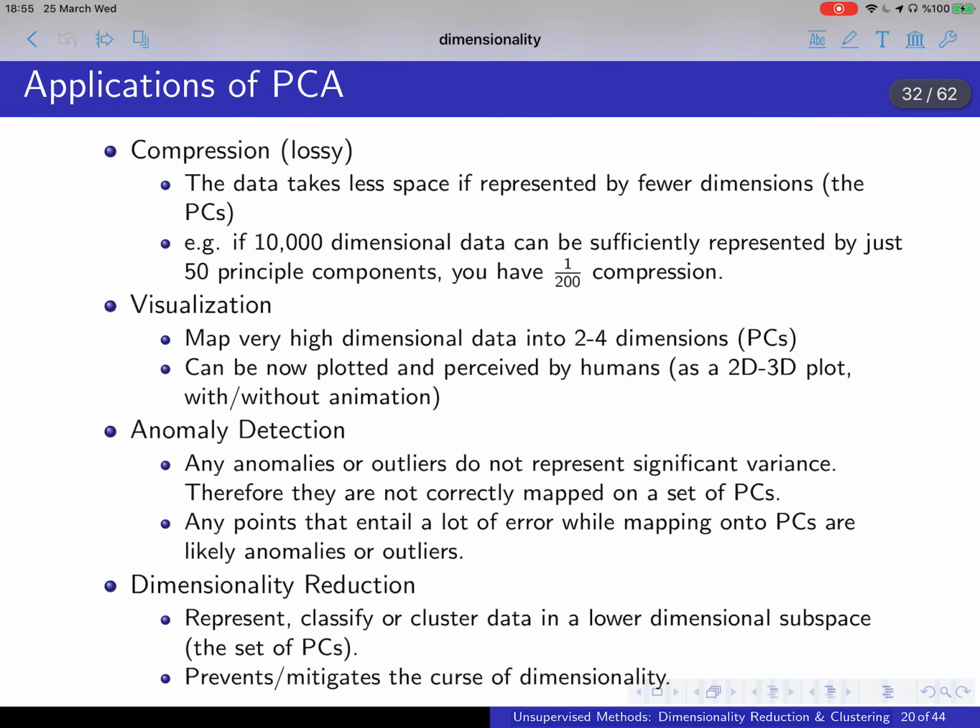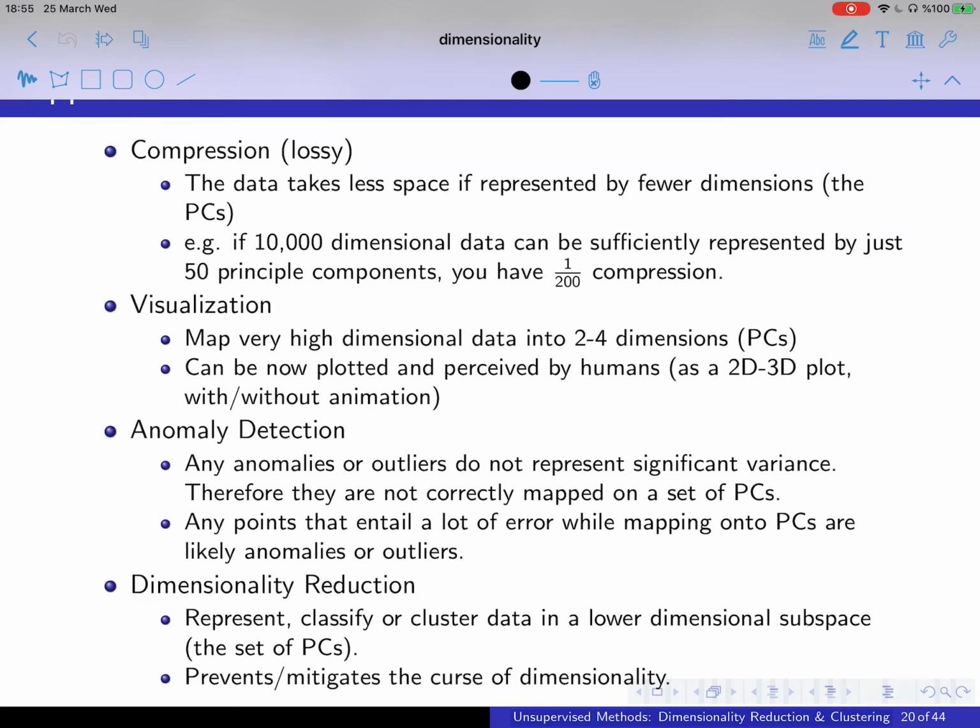So if you have data that's, for example, 10,000 dimensional, and let's say it's image data, for example, you have 100 by 100 pixels of a grayscale image, which means each pixel is some value between, let's say, 0 and 1, 0 being white and 1 being black.